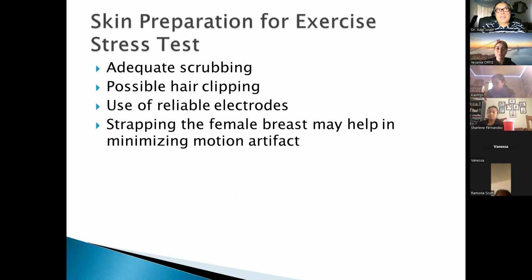Then we prepare the skin by adequate scrubbing, possible hair clipping, and use of reliable electrodes. It is very important to minimize motion artifact, which happens during exercise, especially with the female breast.